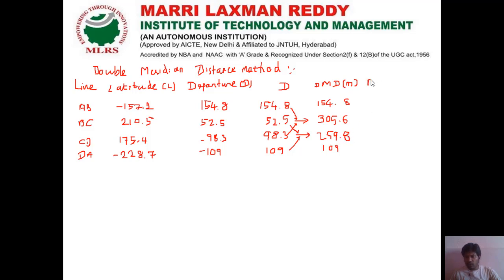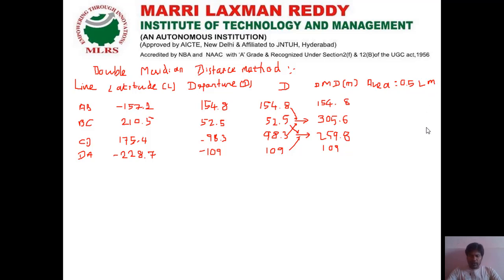Now the area formula becomes 0.5 times latitude into DMD.